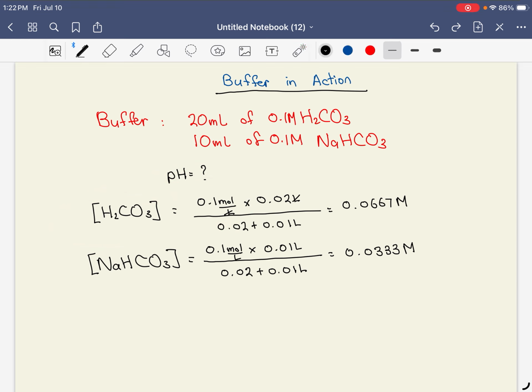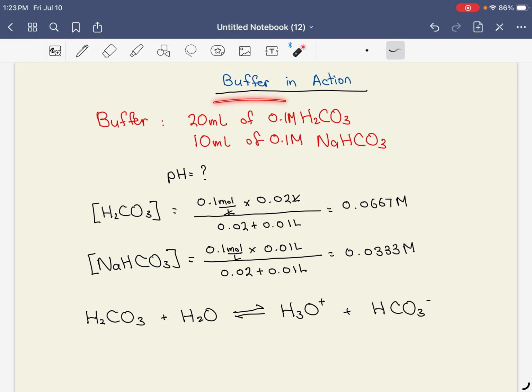So we're going to do a reaction. We're going to look at the dissociation of carbonic acid, where it creates H3O plus and HCO3 minus. If you think about it, inside this beaker right here, we have a concentration of 0.0667 of carbonic acid.